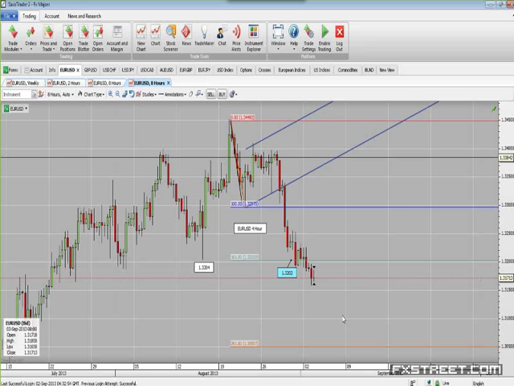I'm quite happy to call lower levels in euro dollar at the moment because I'm more bearish on euro sterling. So I've got a more aggressive push for euro to trend lower than for cable to trend lower, if you see what I'm saying.